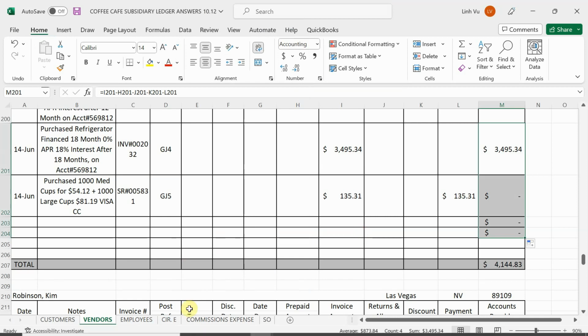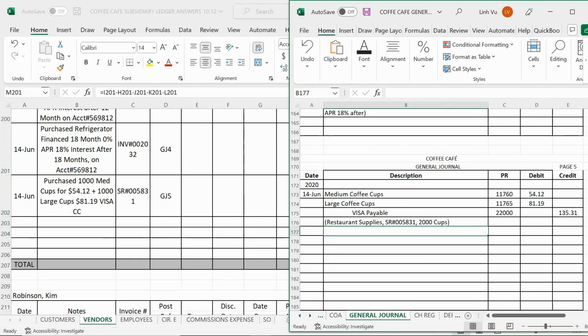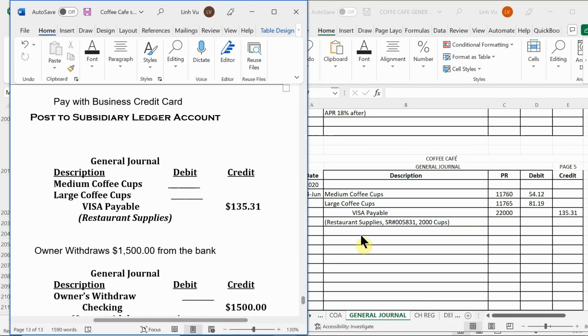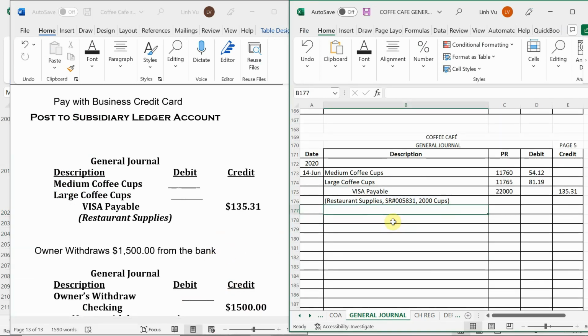What did the owner do if he took $1,500 from the bank?